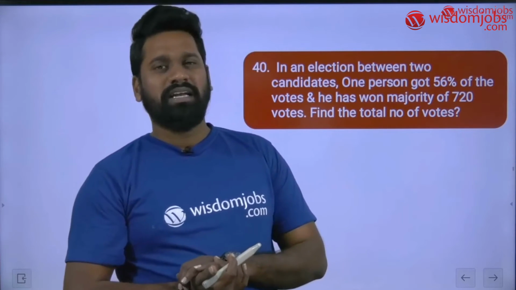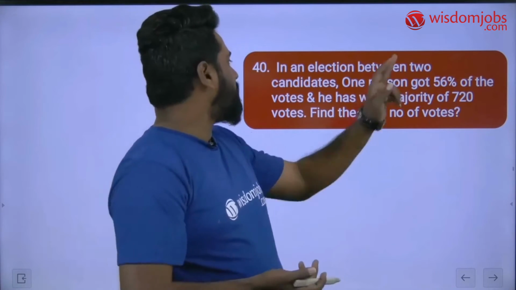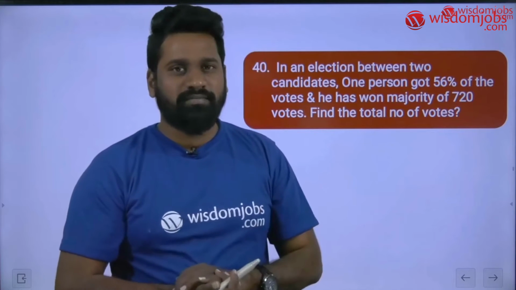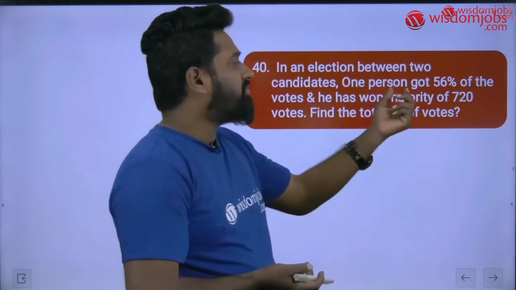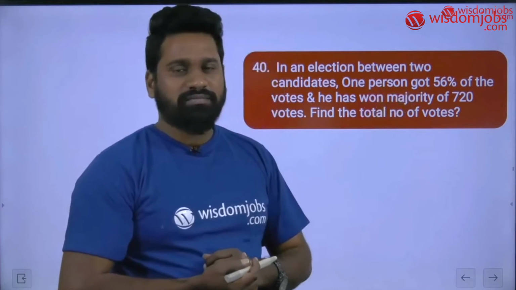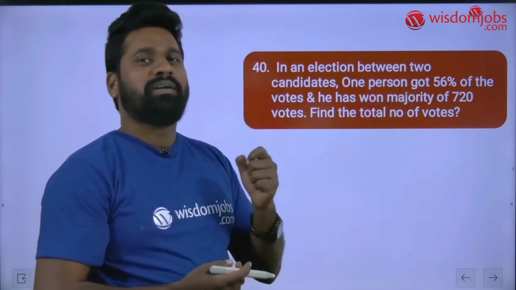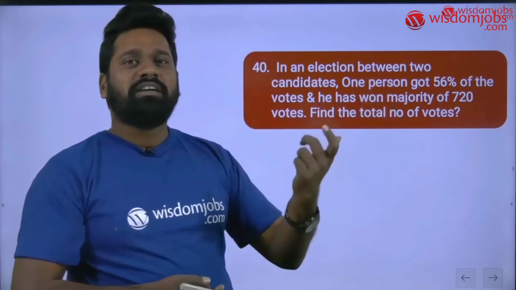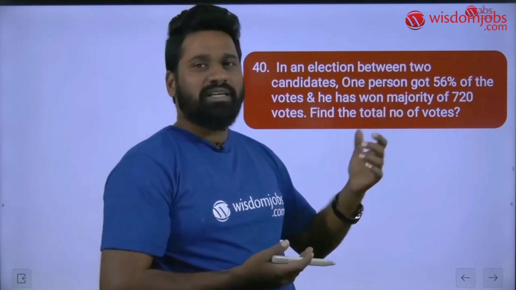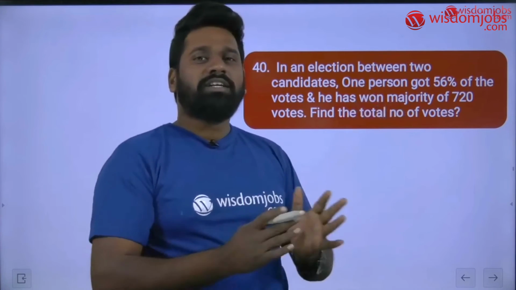If you observe clearly, only 2 candidates are participating in the election. Out of those 2 candidates, one candidate got 56% of the votes. And one more statement is also given. He is the winner and he wins by 720 votes. Majority is nothing but the difference between the 2 persons.